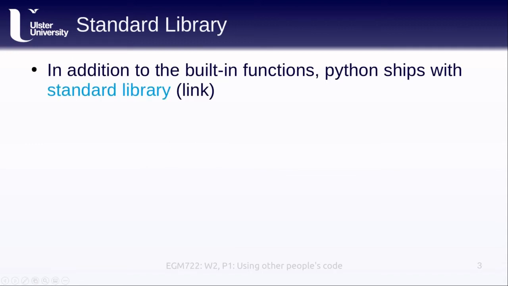So in addition to the built-in functions, Python ships with something called a standard library, which you can find at this link here. You can also follow the link that I have posted on the reading materials section of the Blackboard page.